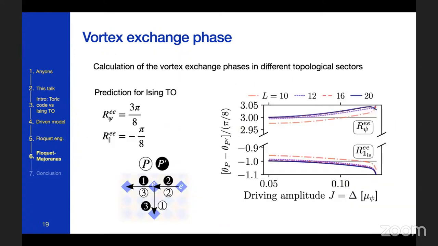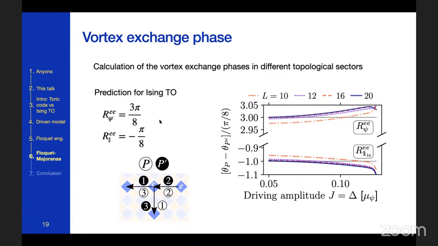So this is what one expects. The prediction for the Ising topological order is that in the vacuum sector, so if I create two vortices from the vacuum, the exchange phase should be minus pi/8. If I create them in the fermion sector, then the phase should be 3 pi/8. The fact that these two exchange phases differ by a pi-half phase is exactly a signature of non-abelian physics.